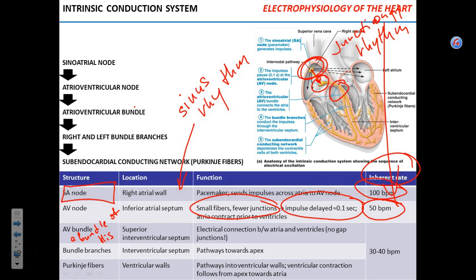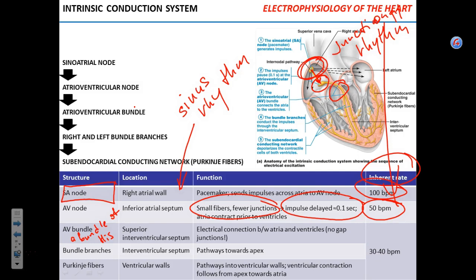So AV bundle is the only connection between the atria and ventricles, the only electrical connection. There are no gap junctions, 0 gap junctions that would connect atria and ventricles.